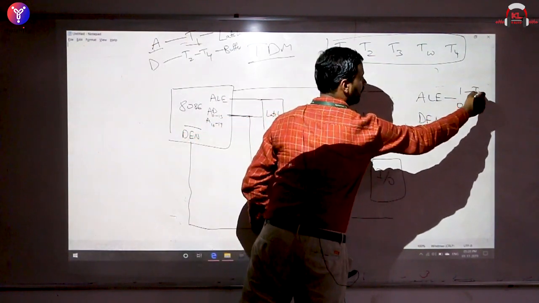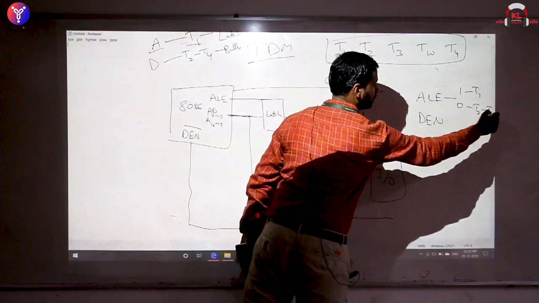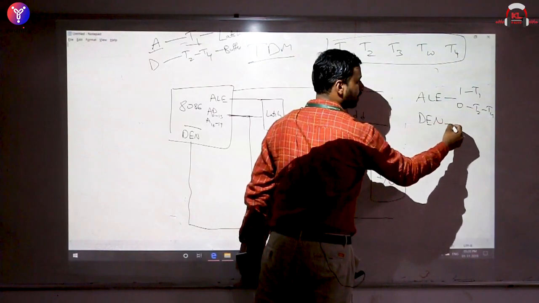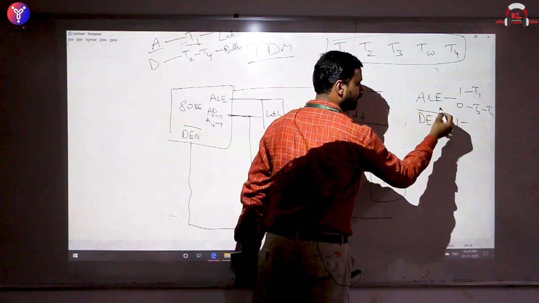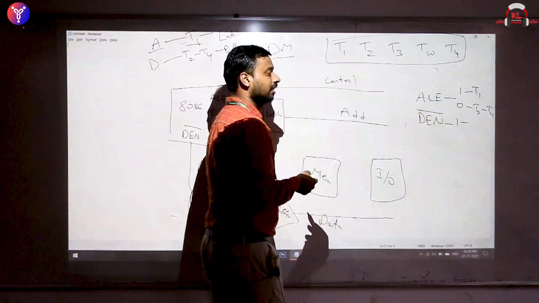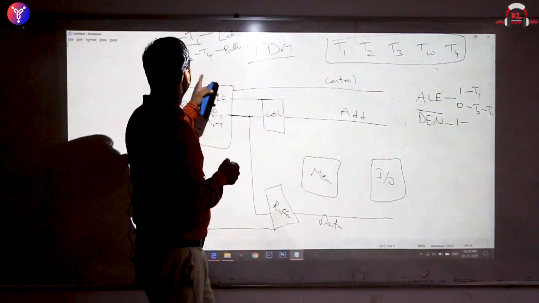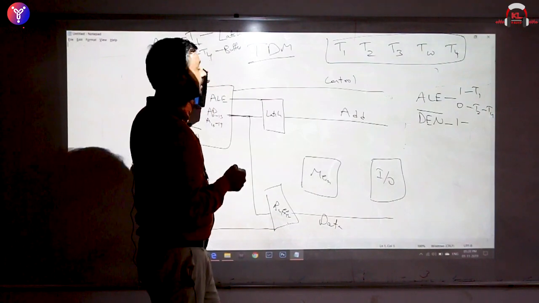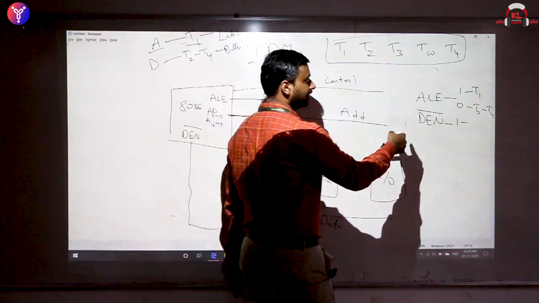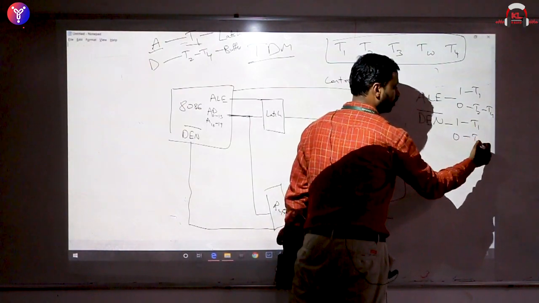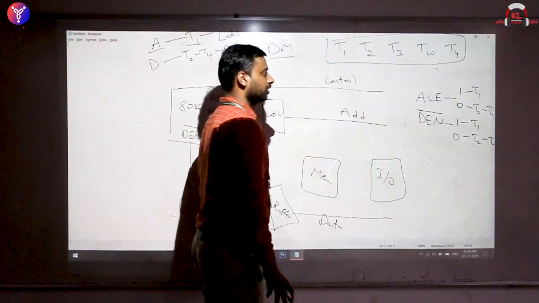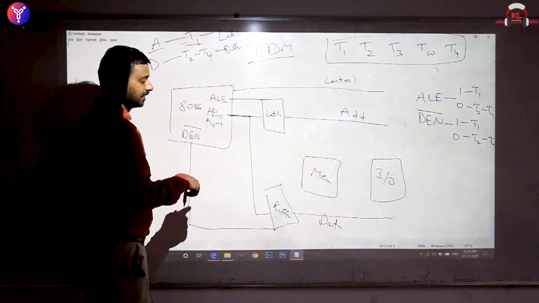So during T1 it is on, during T2 to T4 it is off. When is data enable working? DEN is enabled during T2 to T4, and disabled during T1. As it is DEN bar, it is 1 during T1, 0 during T2 to T4. That is how you will understand the signals.